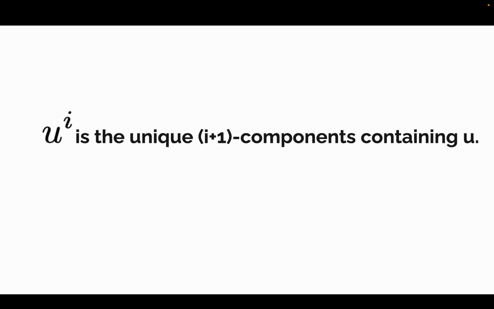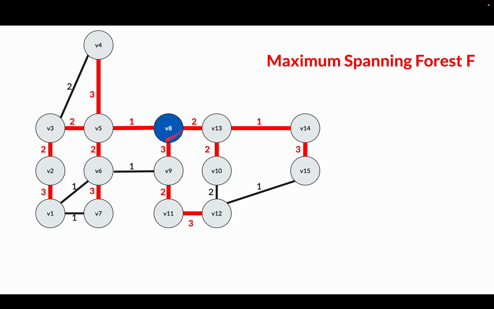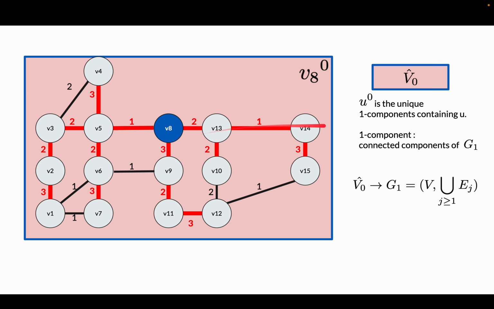Then we define U_i as the unique (i+1)-component containing U. Let's see, again we are using the same graph, but we only look at this vertex V8, again with the maximum spanning forest. So by definition, U subscript 0 is the unique 1-component containing U, and a 1-component is a kinetic component of G1.